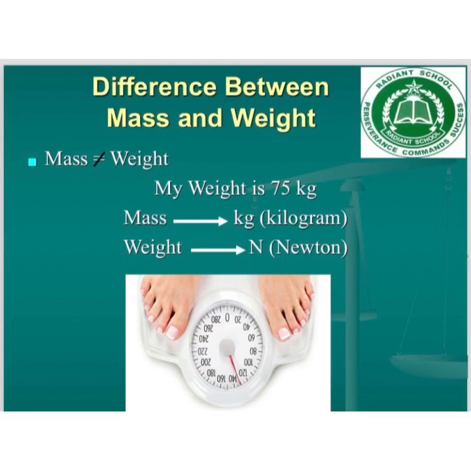You will say, my weight is 75 kgs, 60 kgs or 40 kgs. But we also know that kilogram is the unit of mass and the unit of weight is Newton. It means that mass and weight are not the same thing.